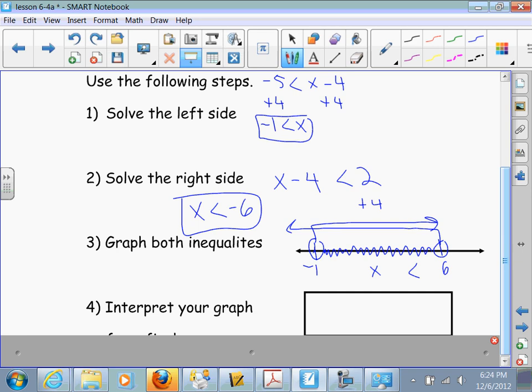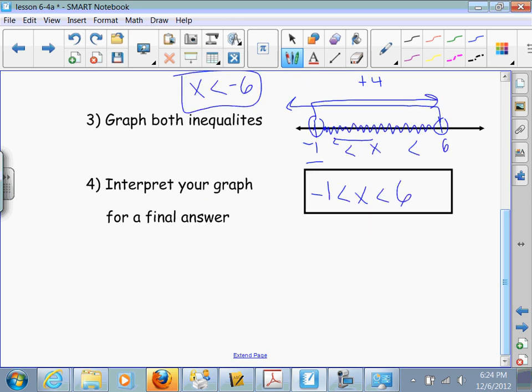So in terms of looking at it from left to right, I have to write x is greater than -1. And now I've already written my compound inequality. -1 is less than x, which is less than 6. That's the final solution. Okay, so the full set of steps are here, and that's our final answer.